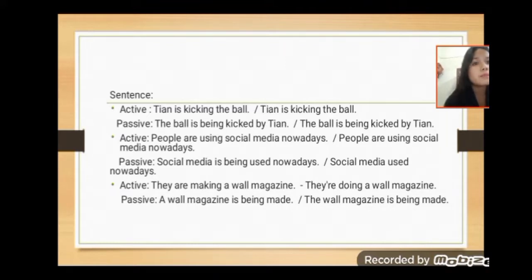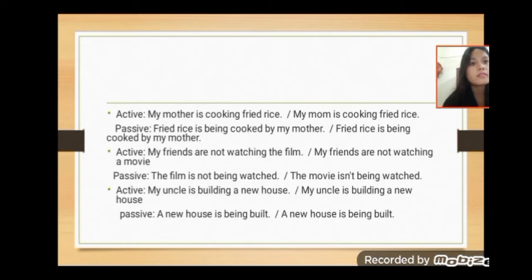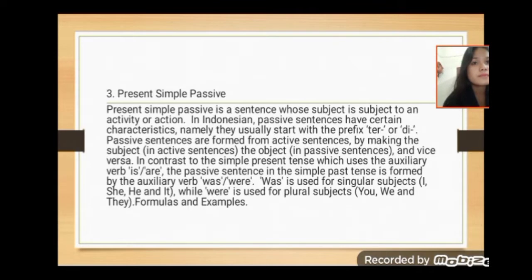Passive: the ball is being kicked by Tian. And then active: people are using social media nowadays. Passive: social media is being used nowadays. This is an example of present continuous passive.